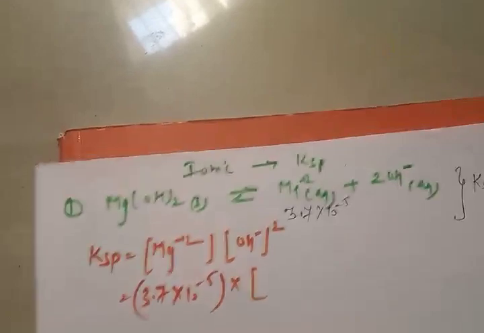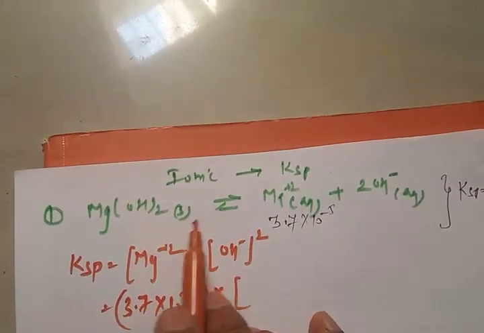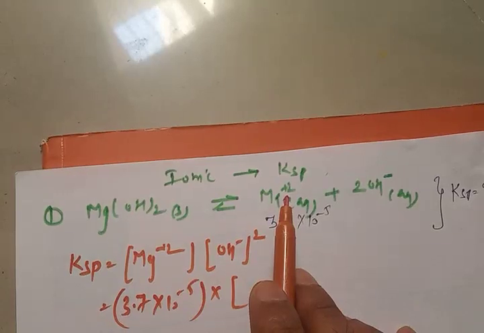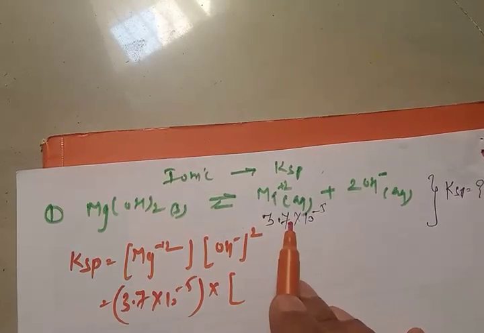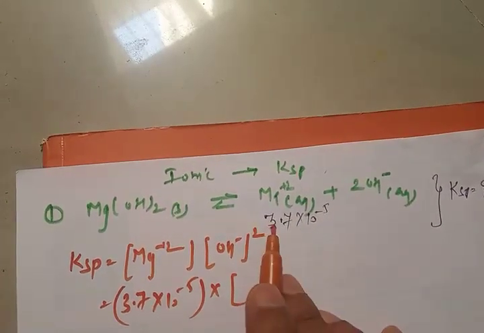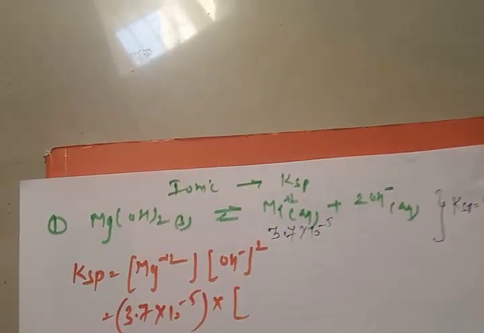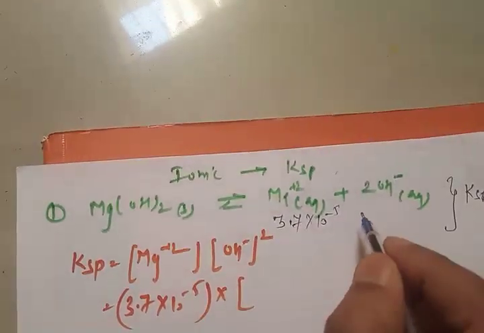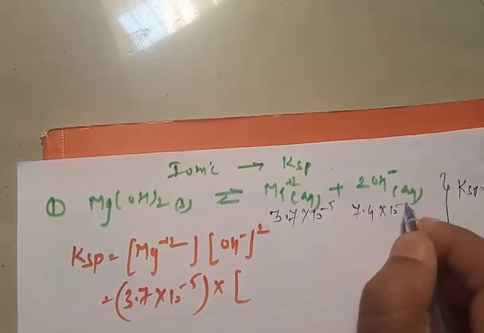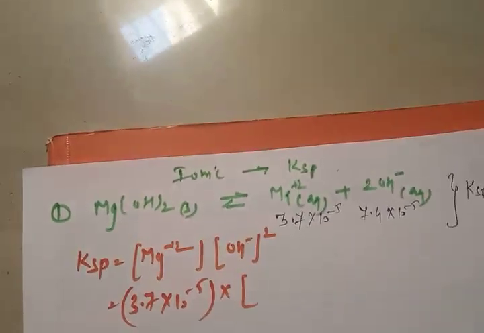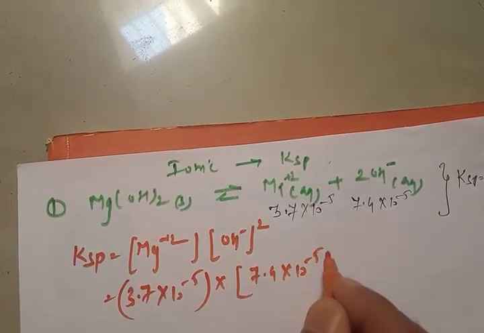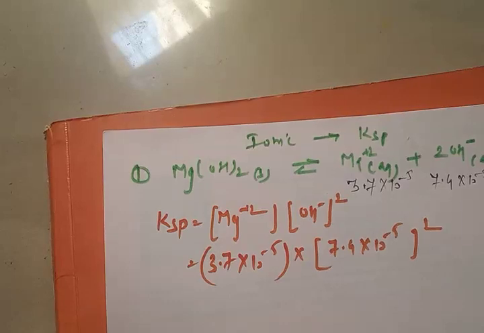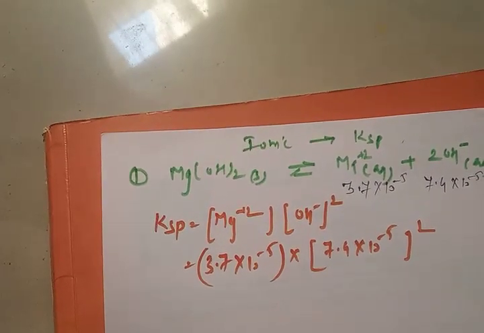As you can see, magnesium hydroxide is dissociated into Mg2+, a single coefficient, and twice OH-. That means whatever the value of this, twice will be dissociated on this side. So the value of OH- will be 7.4 × 10^-5 because of this coefficient. Then we put the value here, 7.4 × 10^-5 squared, and when you calculate all these values, you will get your answer.